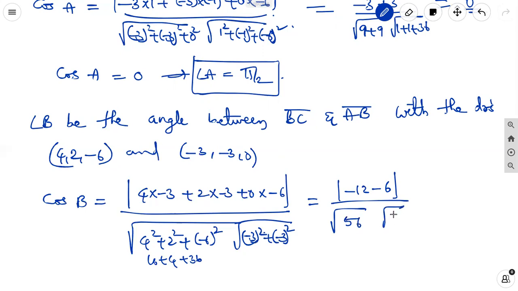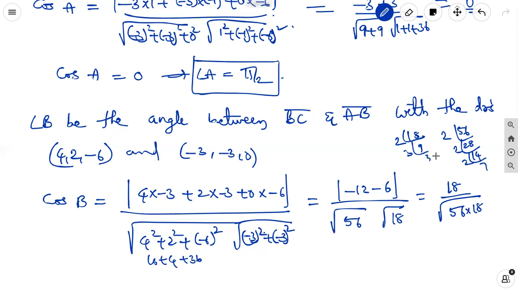Under root of 9 plus 9, 18. So 18 by under root of 56 into 18. Here 56 means 2 fours are 8, 2 sevens are 14, so 4 square into 7, and 18 means 2 nines, 3 threes.